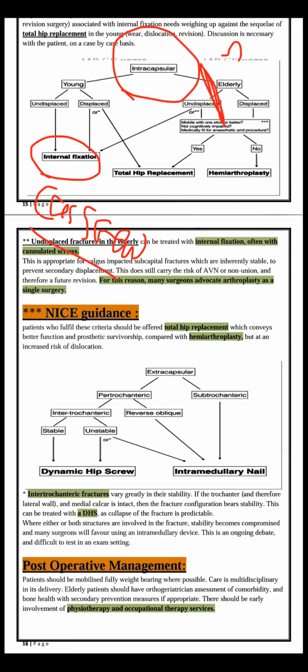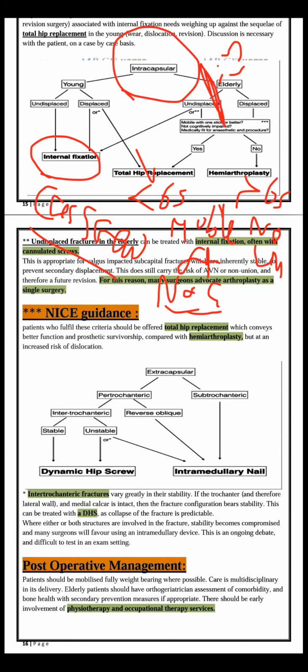Old age and displaced: if your patient is less than 65, mobile, fit for surgery and has no cognitive impairment, go for total hip replacement. If the reverse, go for hemiarthroplasty. If your patient is more than 65, not mobile, unfit for surgery and has some cognitive disability, you will go for hemiarthroplasty.